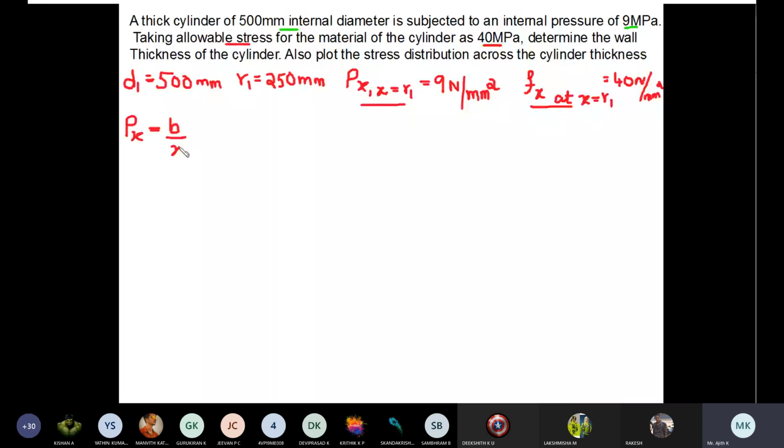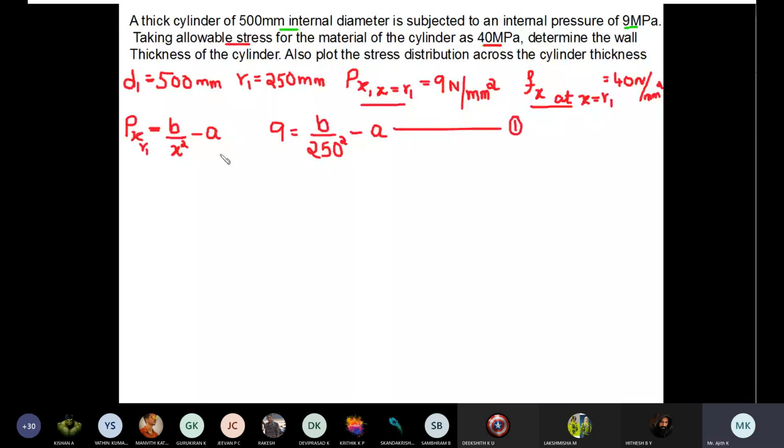The value of Px at x equal to R1 is 9. So 9 is equal to B by 250 square minus A, where the value of B is unknown and R1 is 250. Let it be equation number 1.